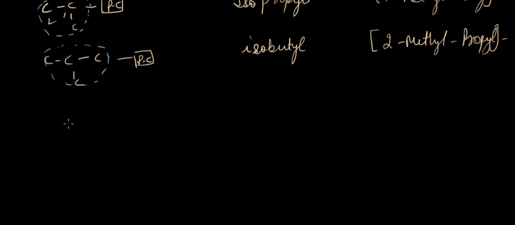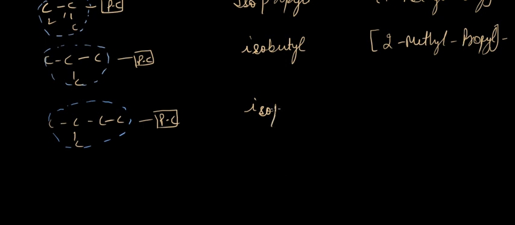If we have a chain something like this, which is attached to the principal carbon chain, then we have its common name as isopentyl, and the IUPAC name is obviously.